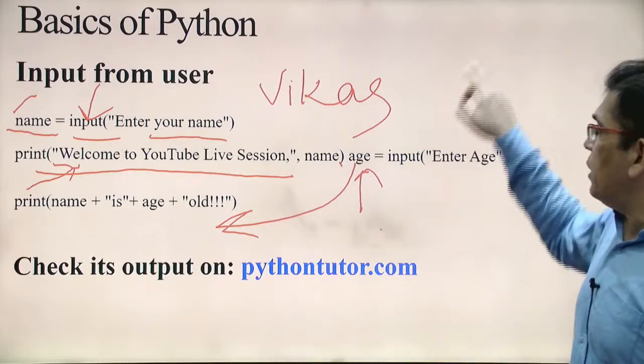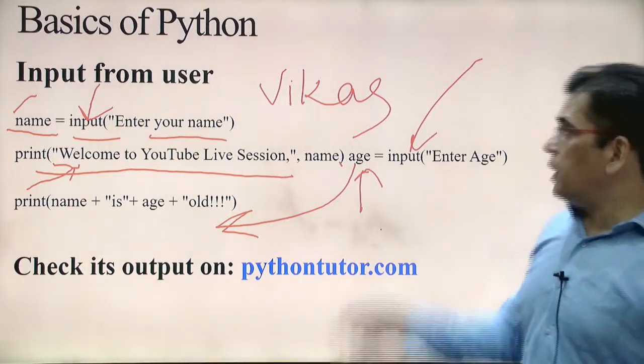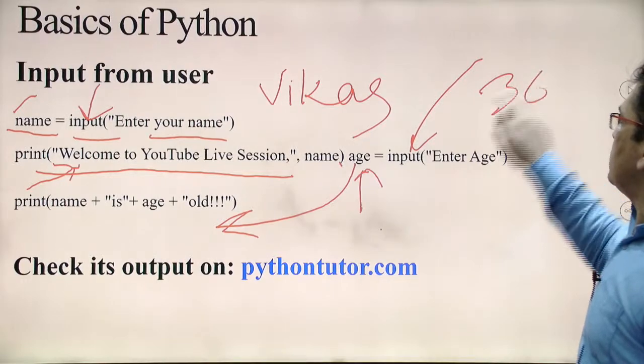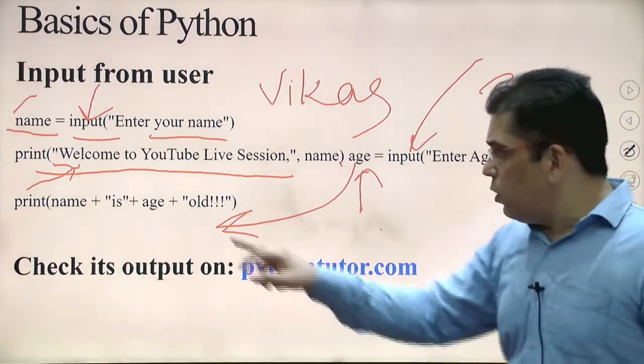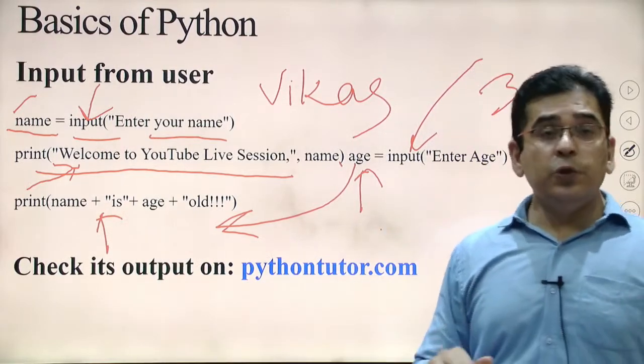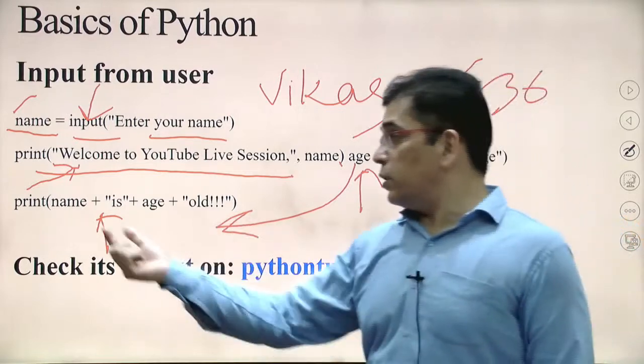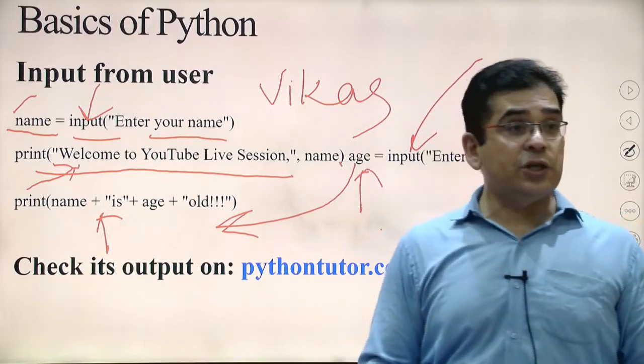Then I have written another input variable, that is enter age. Say I have entered my age as 36. Now you can see plus. This is a very important operator used in the inbuilt print function. Plus is a concatenation operator.